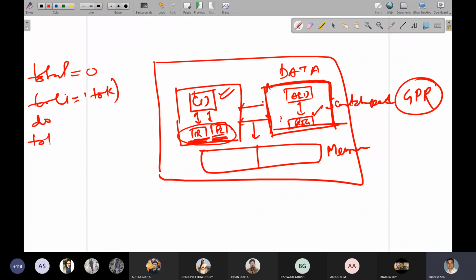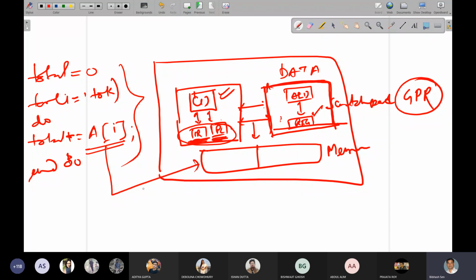Total plus equal to a of i, I'm writing total plus a of i, like in this algorithm I'm mentioning. In these cases you will find that the register stores the content of a[i]. I have to load from the memory, and the individual contents from memory will be loaded to the register.